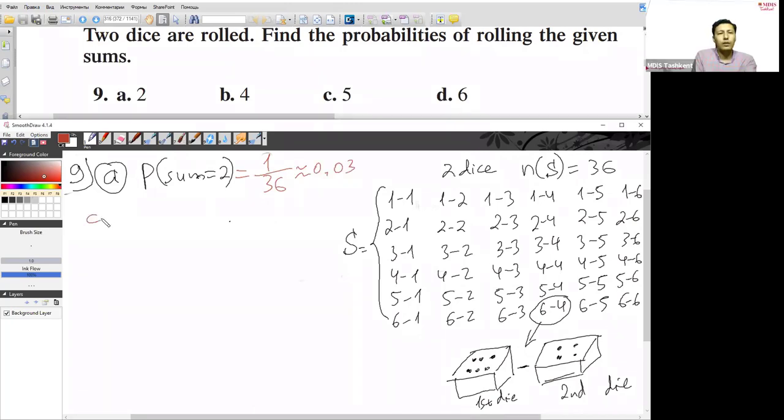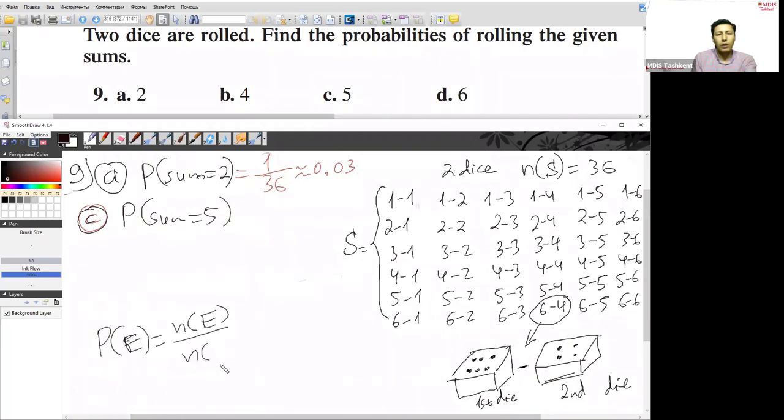Okay, then C. Probability of sum is equal to 5. We are still using first formula. P(E) equals N(E) over N(S). And here the event is sum equal to 5. Which sum is 5? Here. Okay, so the event is actually 4 1, 3 2, 2 3 and 1 4.